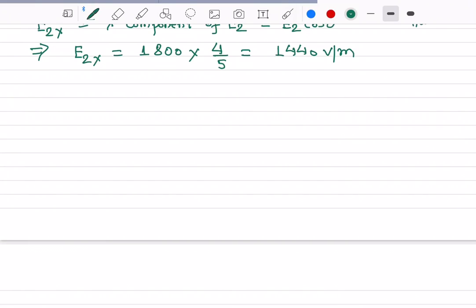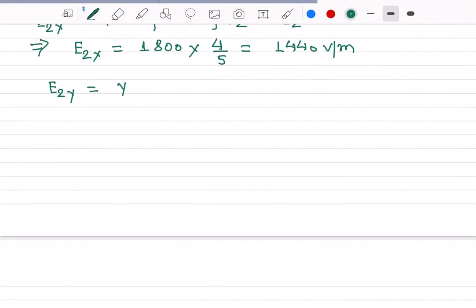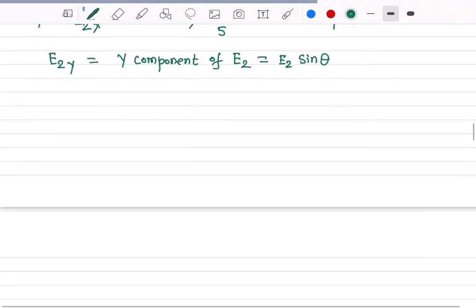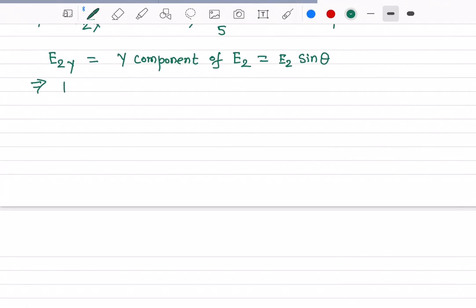Now let's calculate the E2 y component. E2y, which is the y component of E2. And what is that? This will be E2 sine theta.